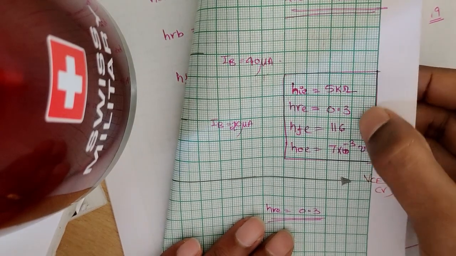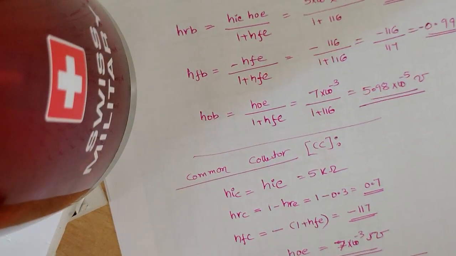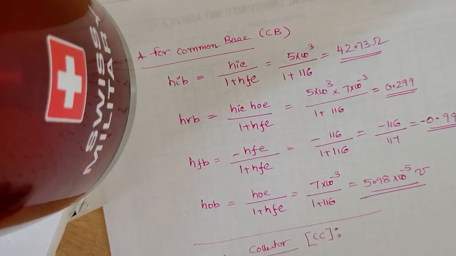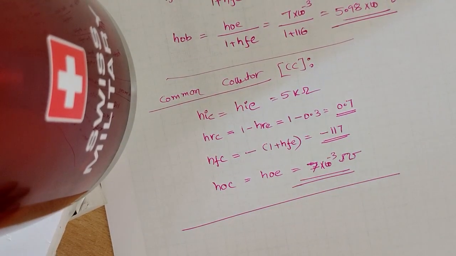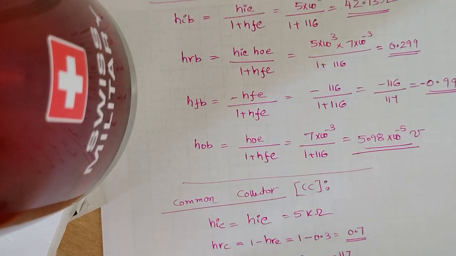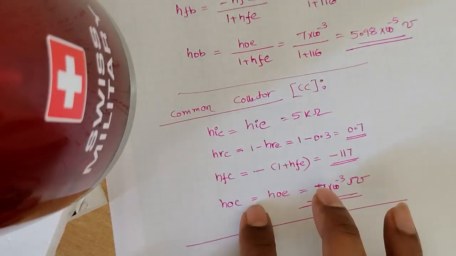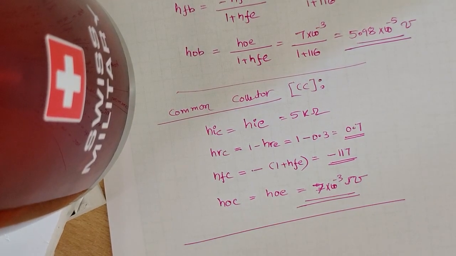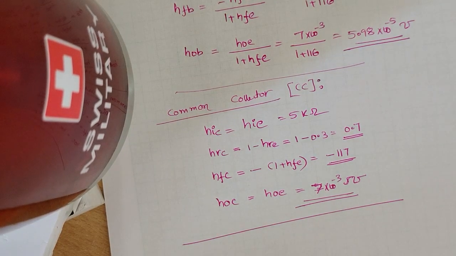Using these, we found the H parameters of common base and common collector configurations, using the approximate conversion equations. These approximate conversion equations you need to remember. All right, so that's the end of experiment number 2 from analog electronic circuits. Thank you.